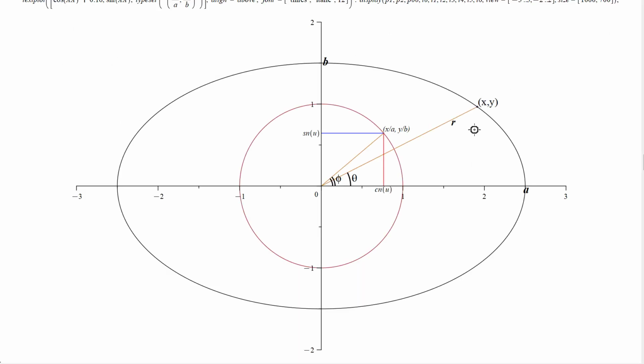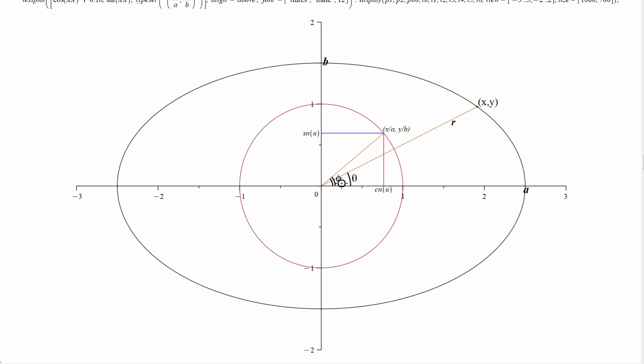So if I want to look at the relationship between x, y, and x over a and y over b, I can note the tangent of this angle, theta, is going to be y over x. And if I just call this phi, the tangent of this angle will be y over b divided by x over a.